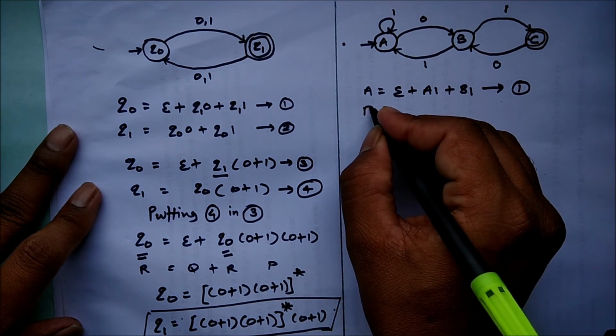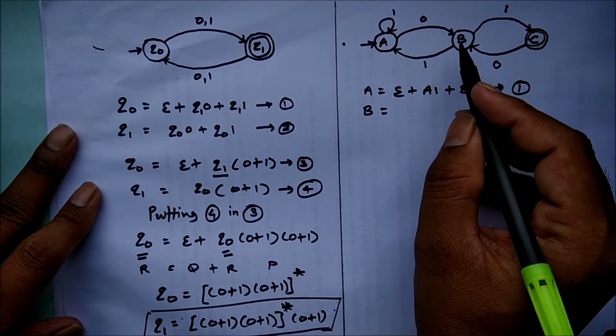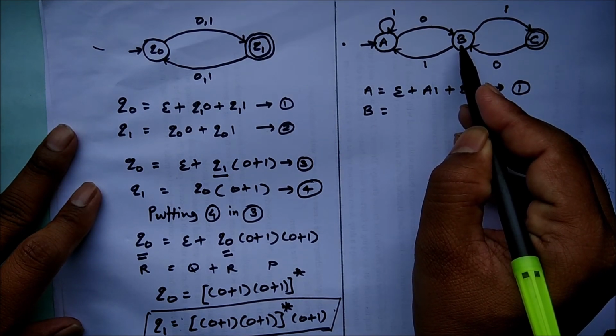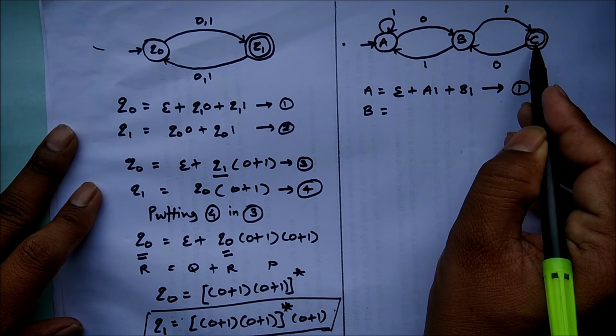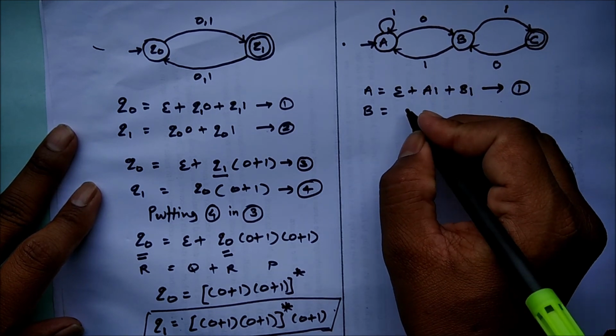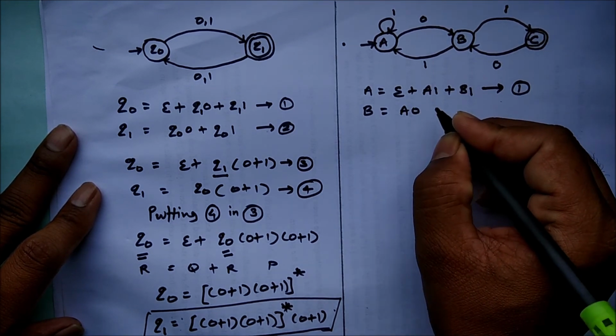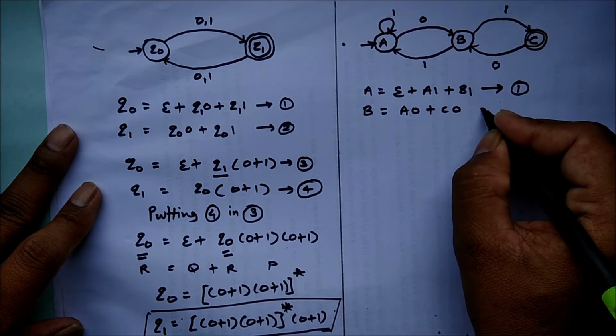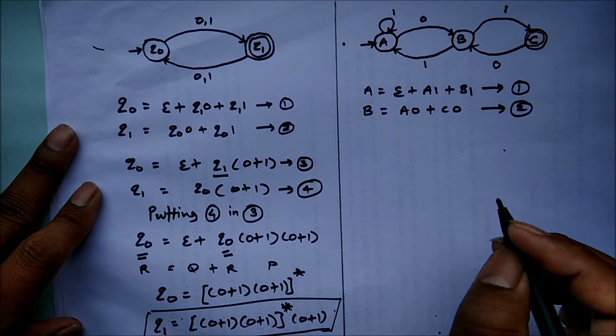So now let's move with B. Now we can see the states transiting towards B are A and C. So we can write it like A with input 0 plus C with input 0. So let's make this equation number 2.